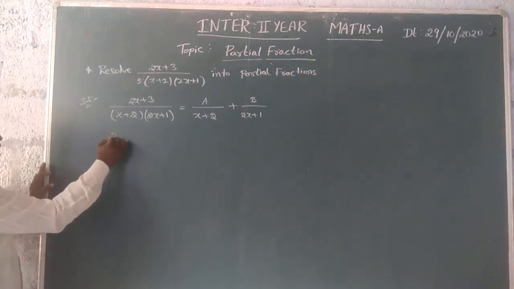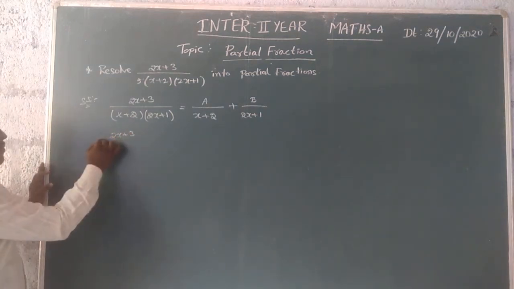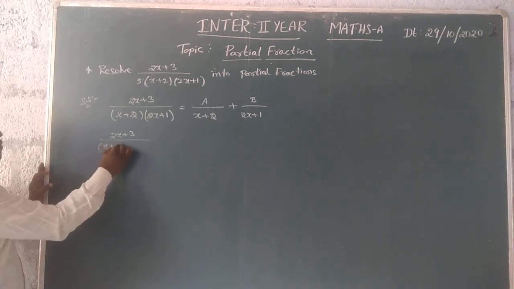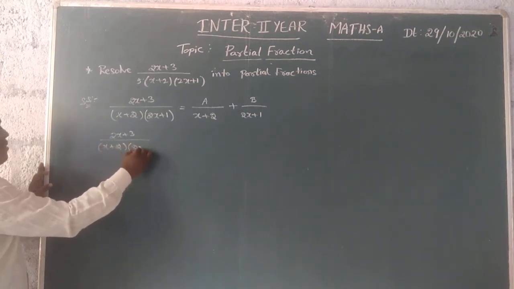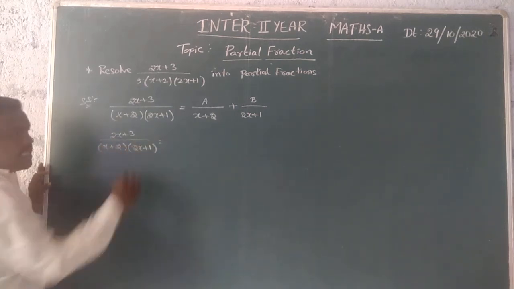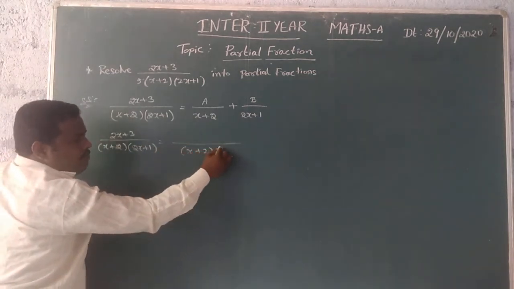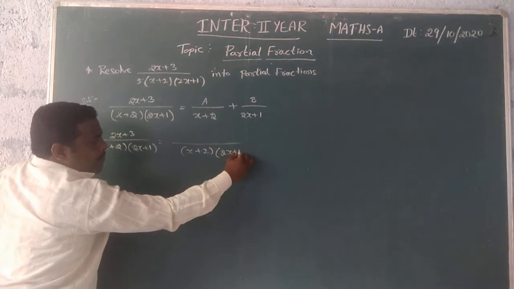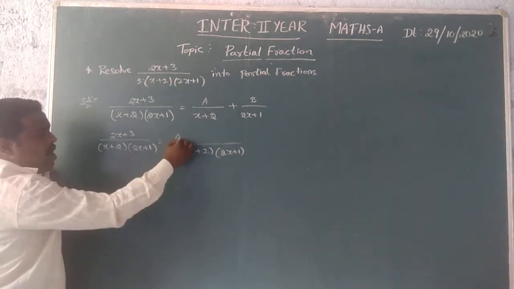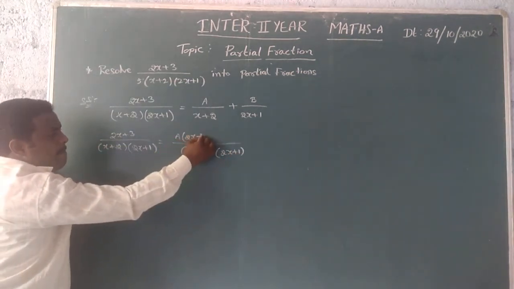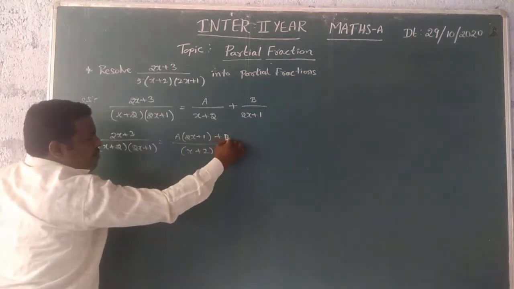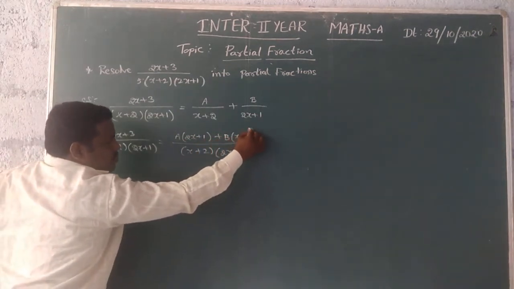So, 2x plus 3 by x plus 2 of 2x plus 1 is equal to, on the right side, the LCM is x plus 2 of 2x plus 1. The numerators are a of 2x plus 1 plus b of x plus 2.